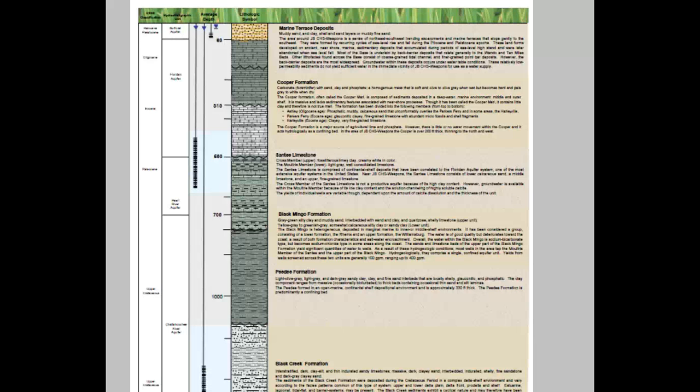There has been some saltwater encroachment in this aquifer, so deeper aquifers like the Black Creek down at the bottom here of what I'm showing are being investigated and used more extensively. The water quality is not quite as good, but you've got to do what you've got to do.